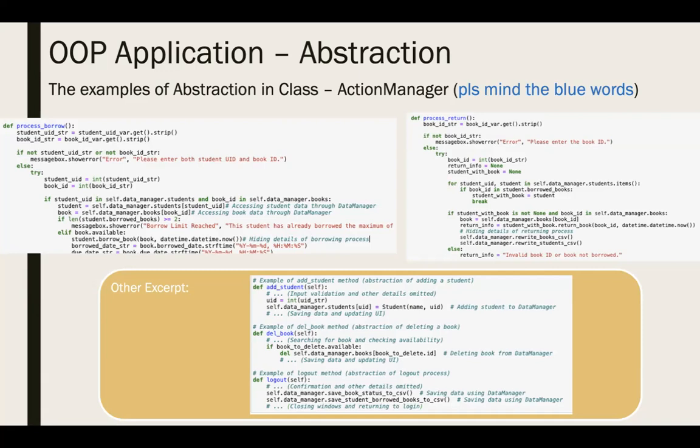At the same time, other methods like return book, add student, add book, delete student, and logout each encapsulate the complex logic for their respective actions, providing a clear and concise interface for the rest of the system.